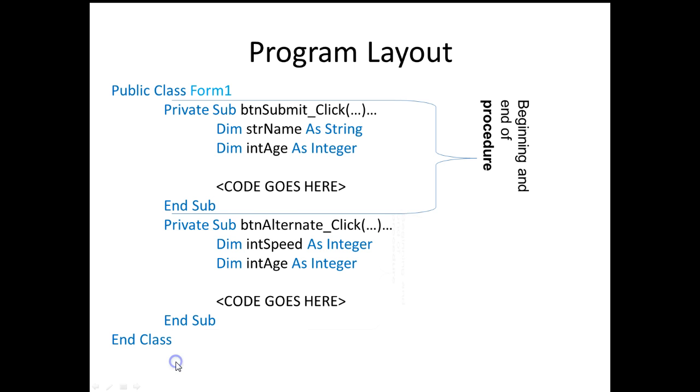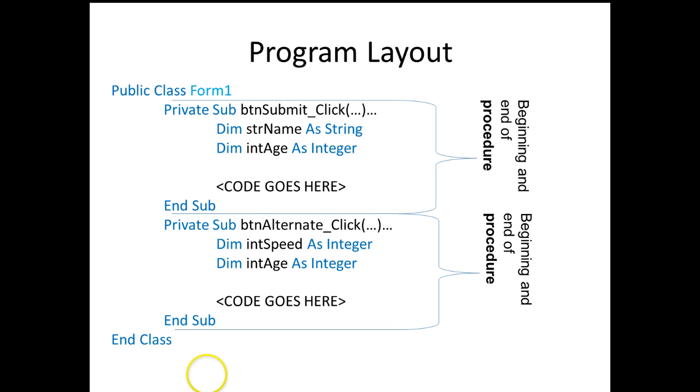What we see right below it is a second procedure for a click event on another button. You'll see that this one is named btnAlternate. Once again, it's the click event for it.